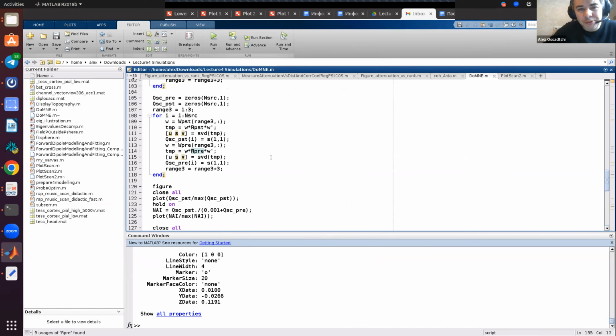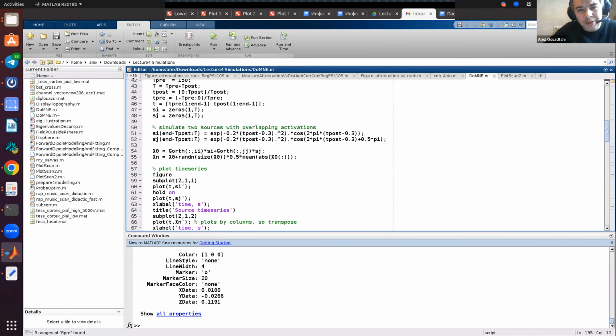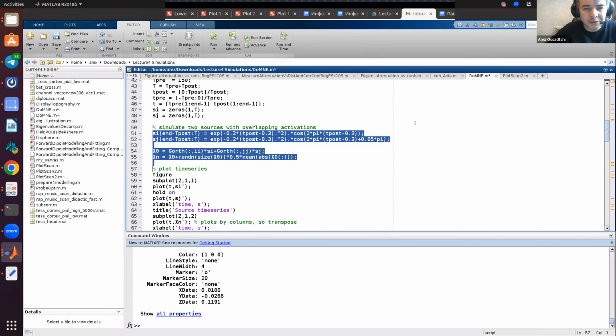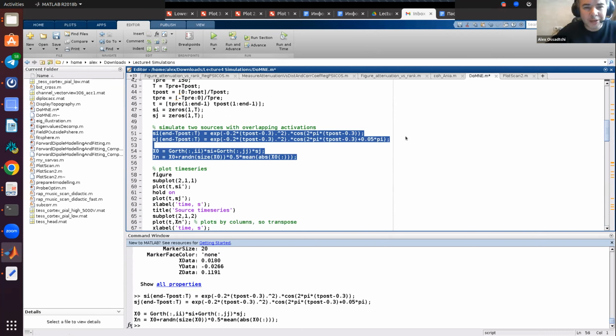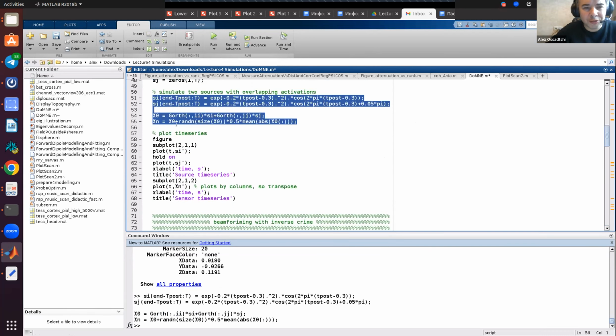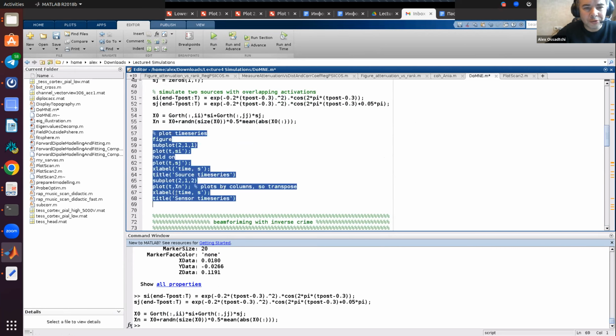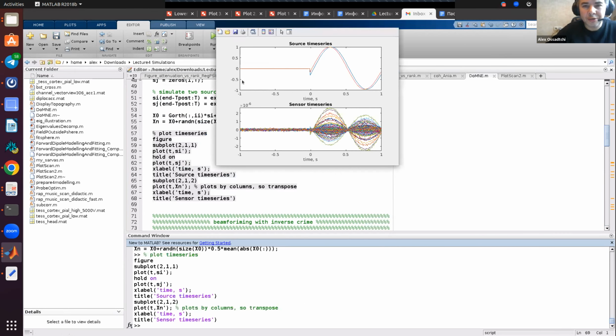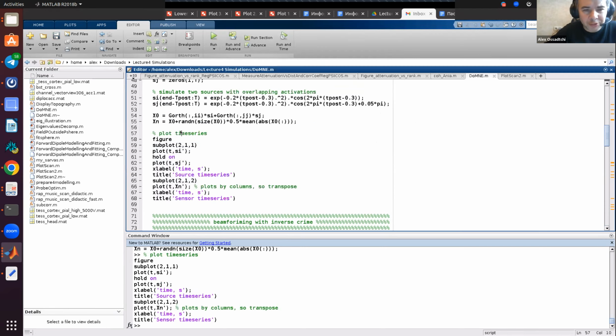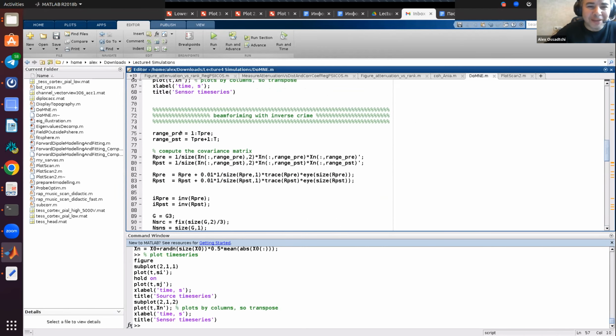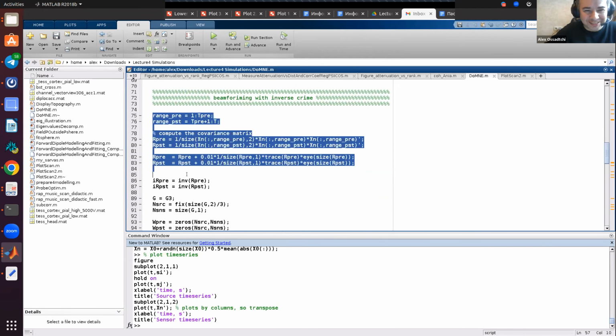I will try to sell this to you by asking what happens if this is 0.05, for instance. Let's try to break it and see if we can.